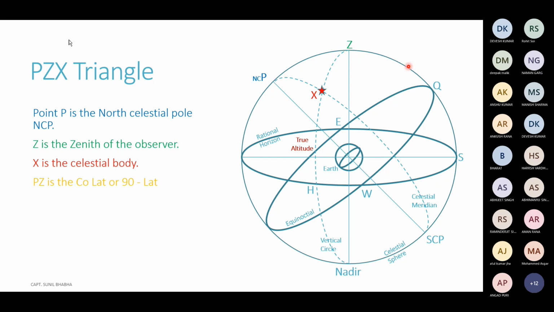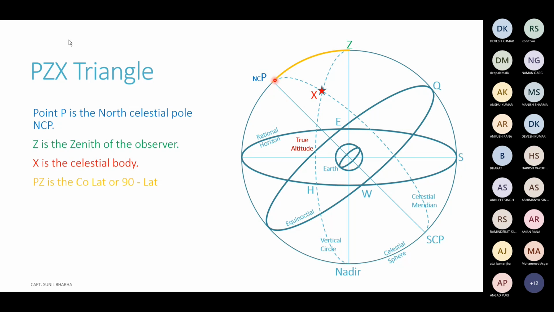Z to Q is the latitude of the observer, and this tells us that P to Z, this side of the PZX triangle, will be 90 minus latitude of the observer. Let us highlight this side in yellow.